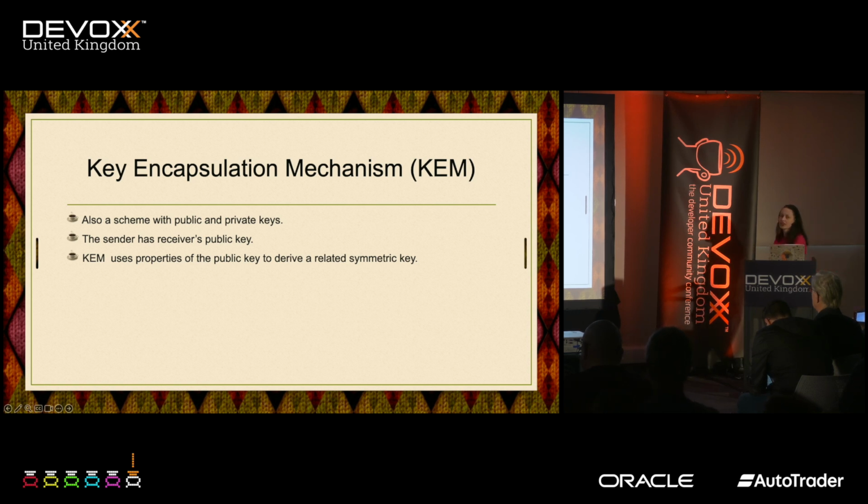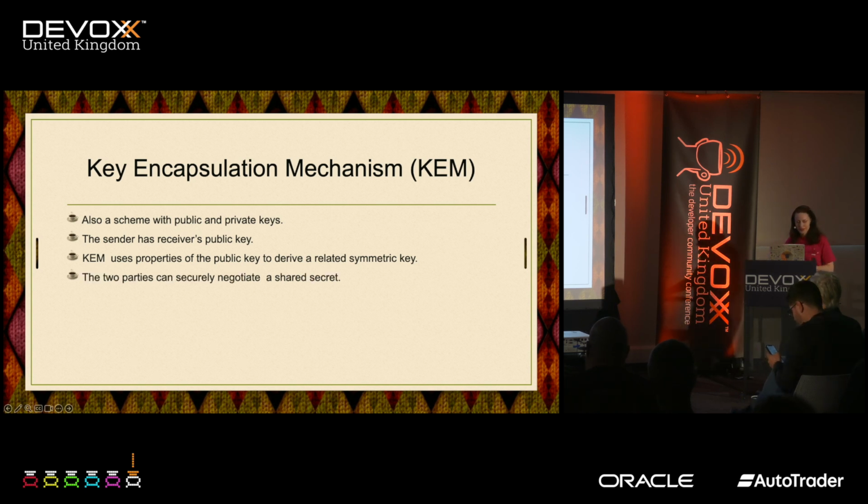It's also a scheme, as I said, with public and private keys, where the sender uses the public key to create a ciphertext, a so-called encapsulation, containing a randomly chosen symmetric key, and the receiver decrypts the encapsulation with a private key. What makes it so unique is that, unlike traditional cryptography methods, a key encapsulation mechanism does not require padding because it uses properties of the public key to derive a related symmetric key.